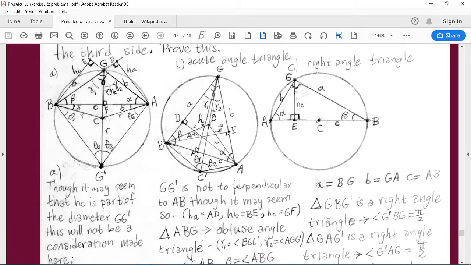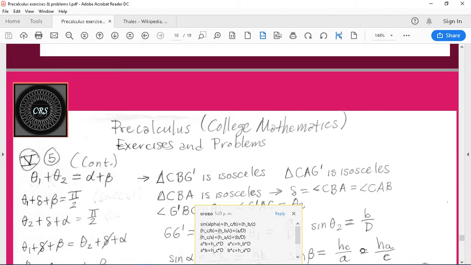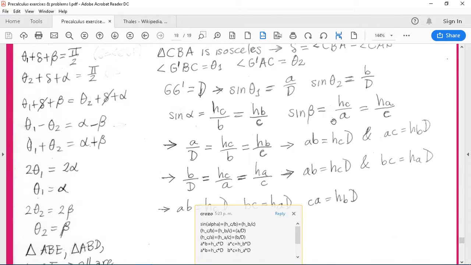So HC over A equals HA over C. Here we have HC over A. HC over A equals HA over C.